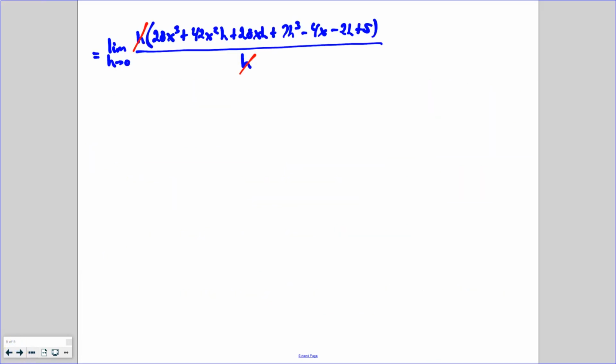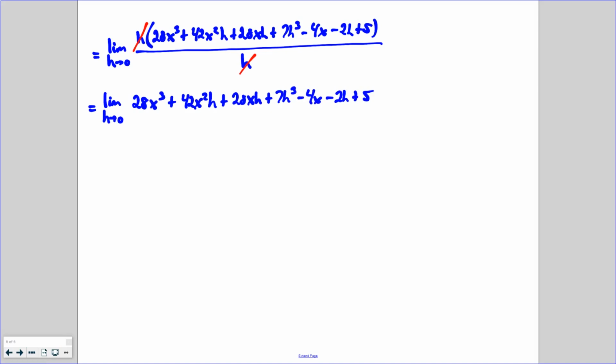Alright, so we're just going to continue on a new page. So again, we're going to have the limit as h approaches 0 of 28x cubed plus 42x squared h plus 28xh squared plus 7h cubed minus 4x minus 2h plus 5.